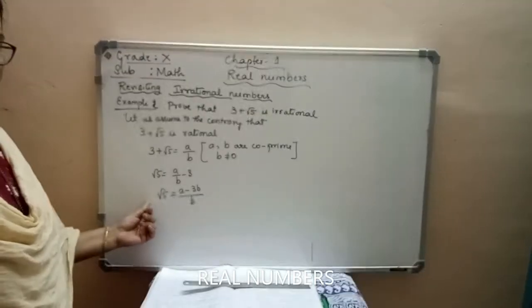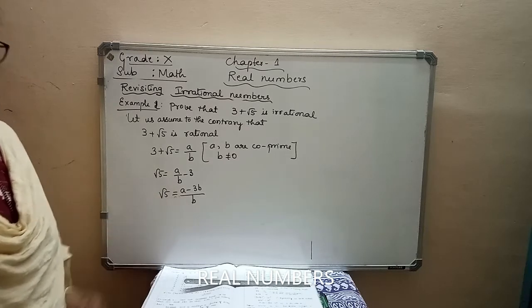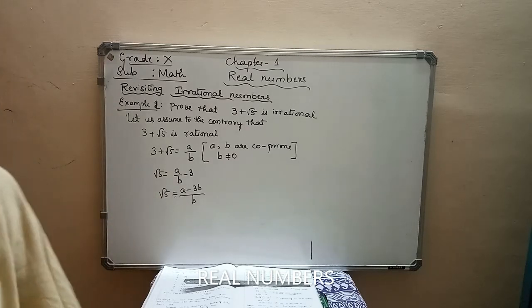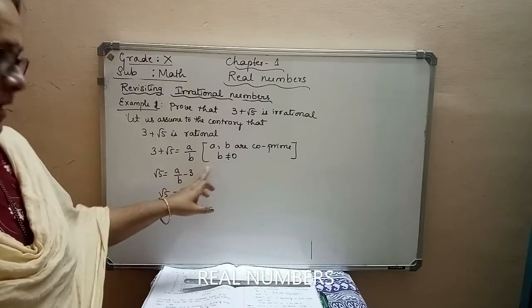But here the LHS is an irrational number. Rational is equal to irrational? Is rational equal to irrational? No, this is not possible. Here a and b are integers, they are co-prime.